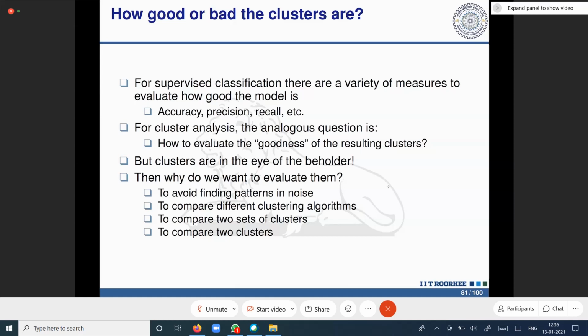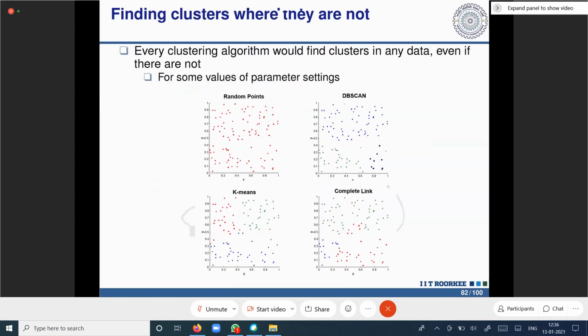We want to avoid finding patterns in noise, because if you give any random data to a clustering algorithm, it will give you some clusters. You don't want that. Then you want to compare different clustering algorithms, which algorithm performs better on which type of data, or compare two sets of clusters, or two clusters. To answer these questions, we define what we call cluster validity.